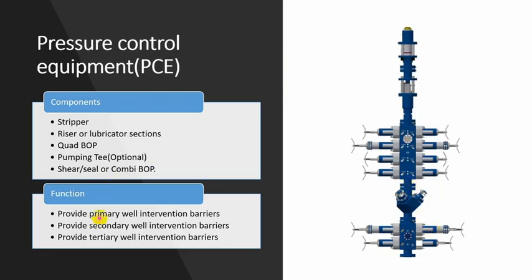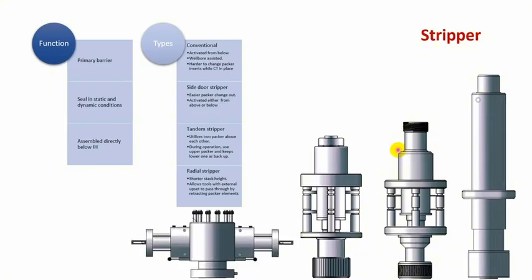So these are the barriers of the well. Primary barrier, stripper, secondary barrier, BOP, and tertiary barrier, shear seal ram. Stripper has 4 types: conventional, side door stripper, tandem stripper, radial stripper.